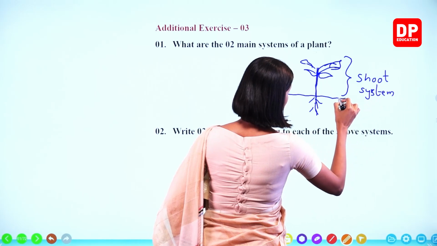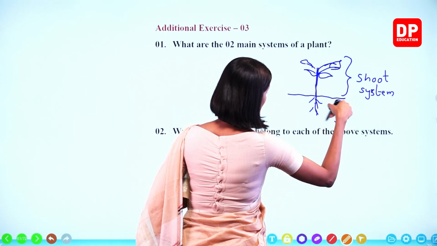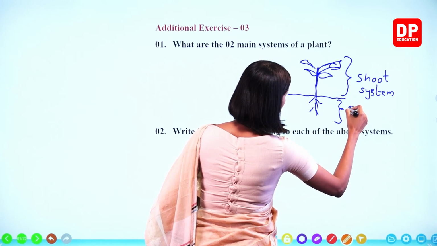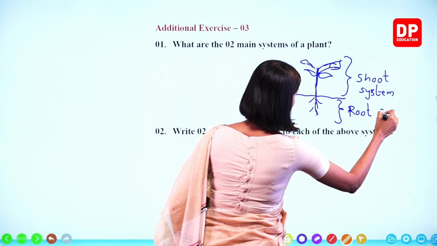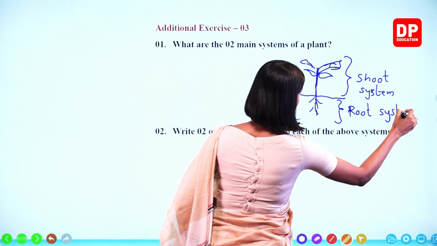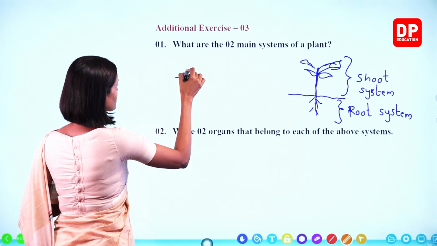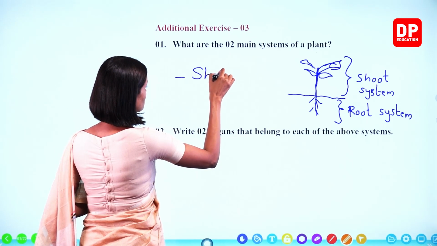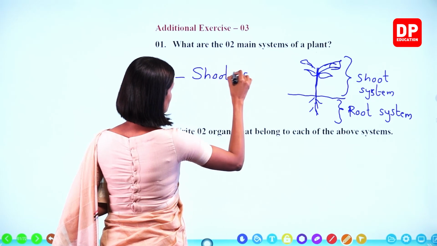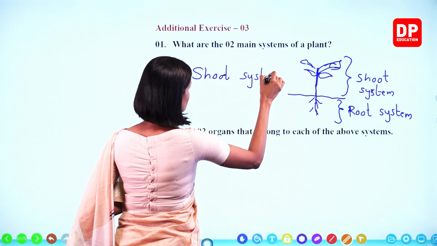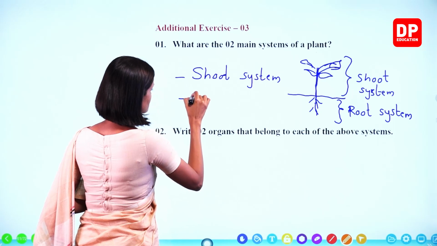And the part that remains underground is known as the root system. Right? What are the 2 main systems of a plant? Shoot system and the root system.